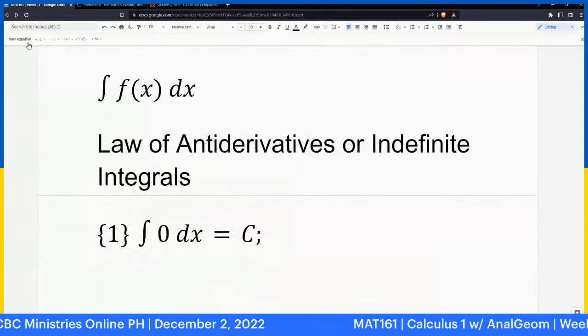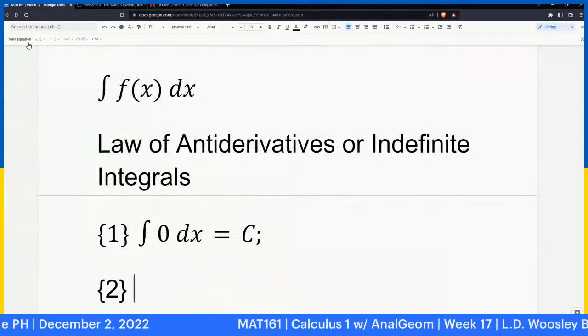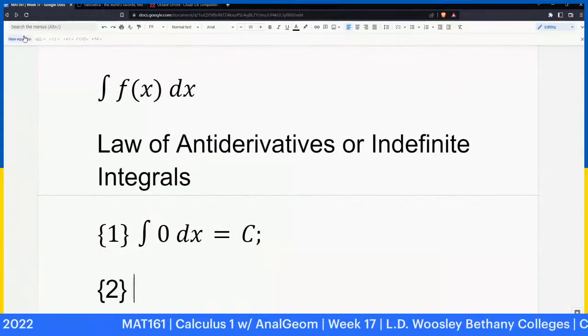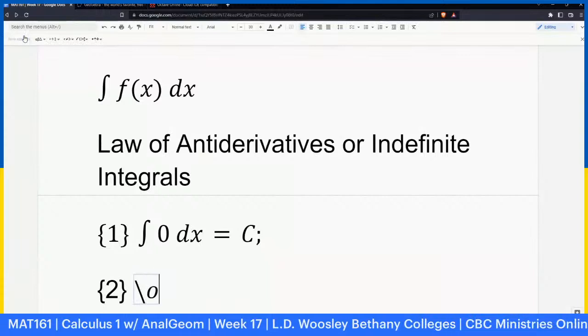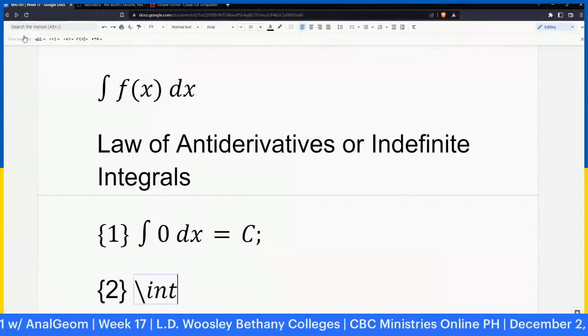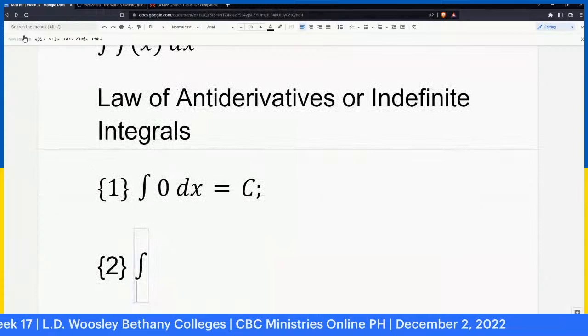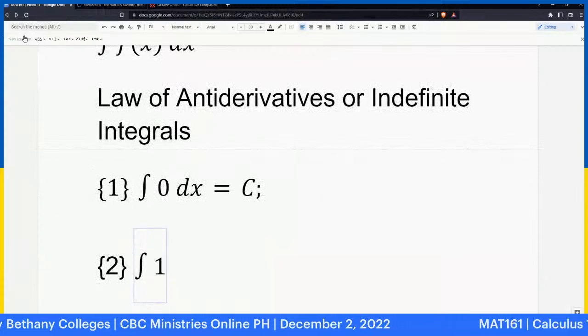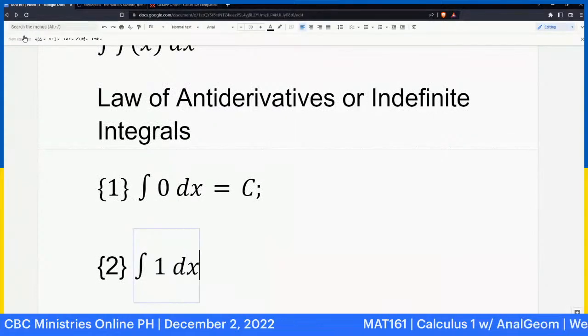Next. Integral of 1 with respect to x. What do you think, guys?